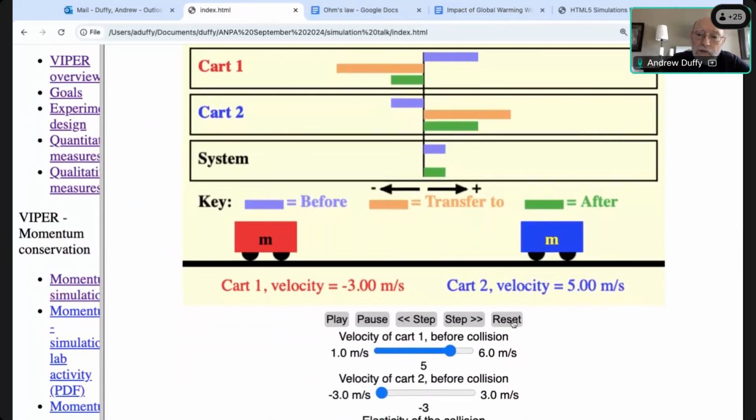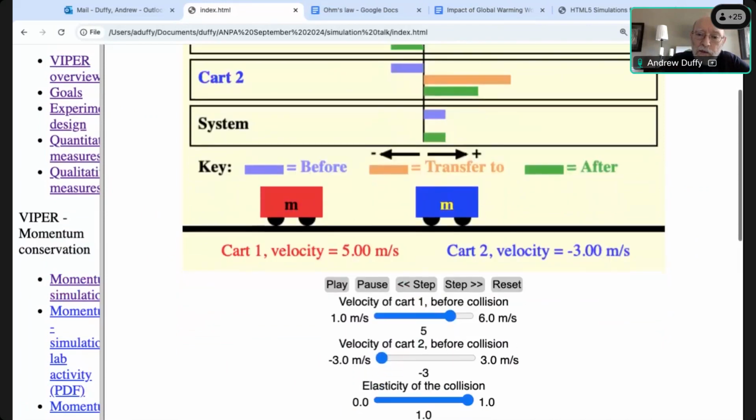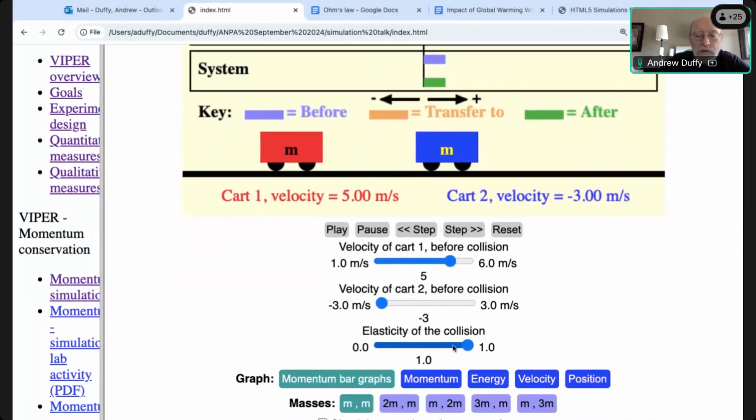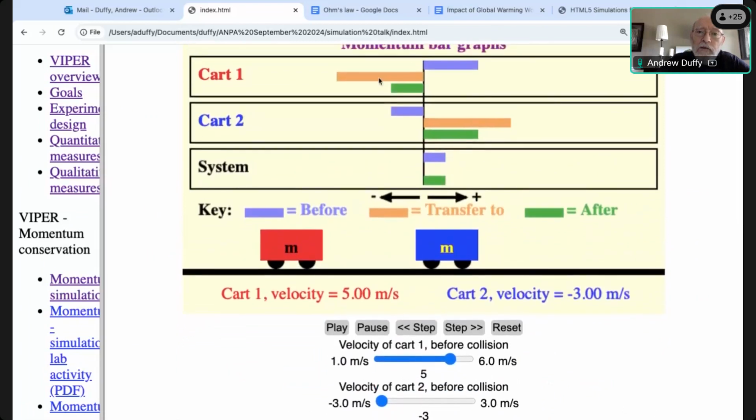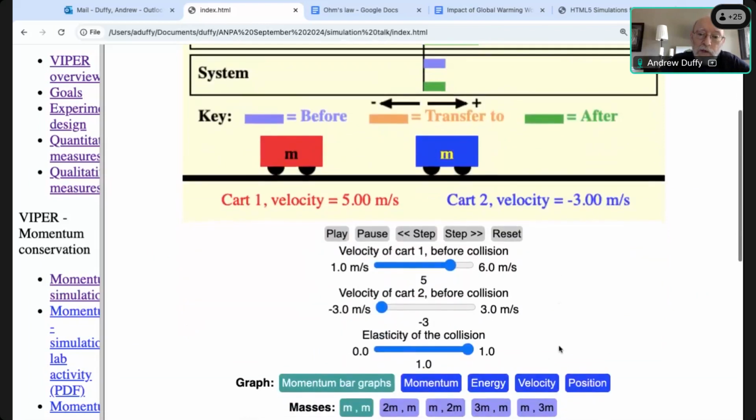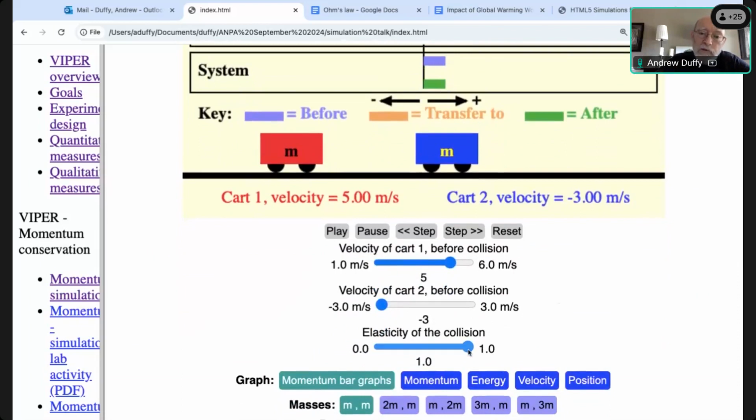And we can reset this, and we can run it again with a different elasticity. So this helps me understand what elasticity is, right? So just pay attention to the size of these orange lines, the transfer, the impulse. This is the impulse, right? Okay, so I'm going to go to the other extreme.